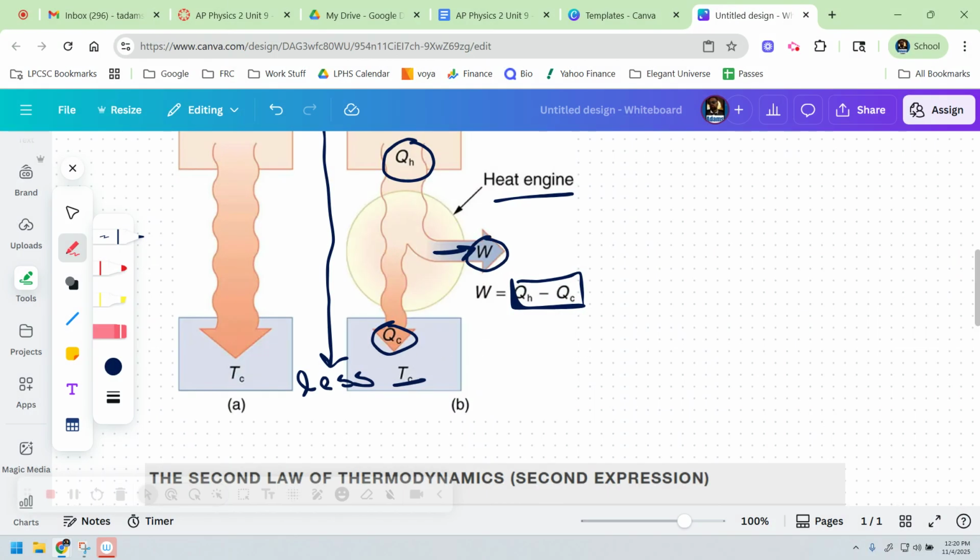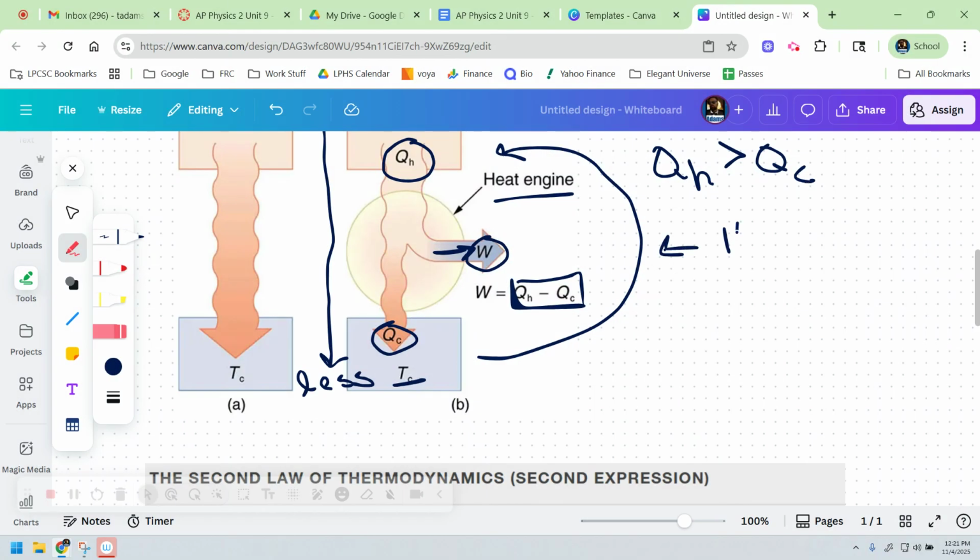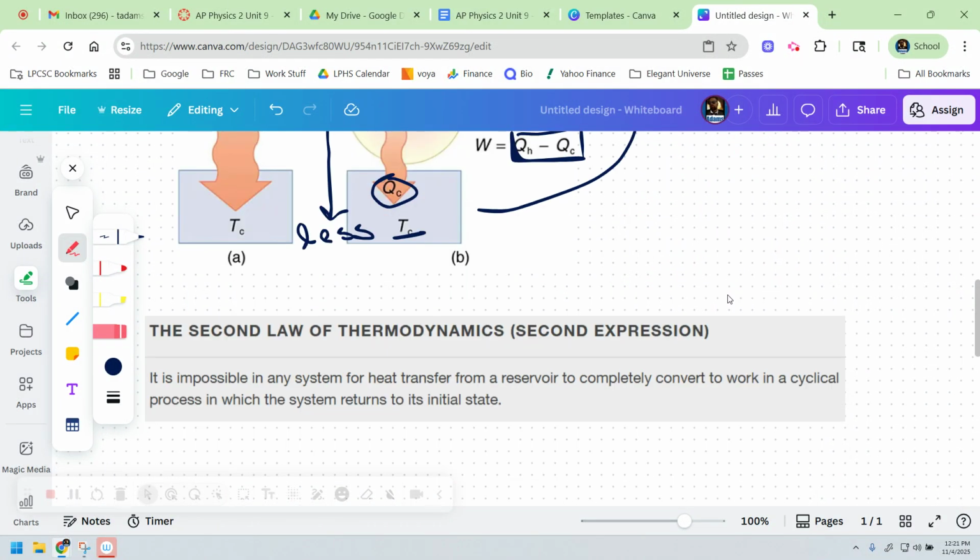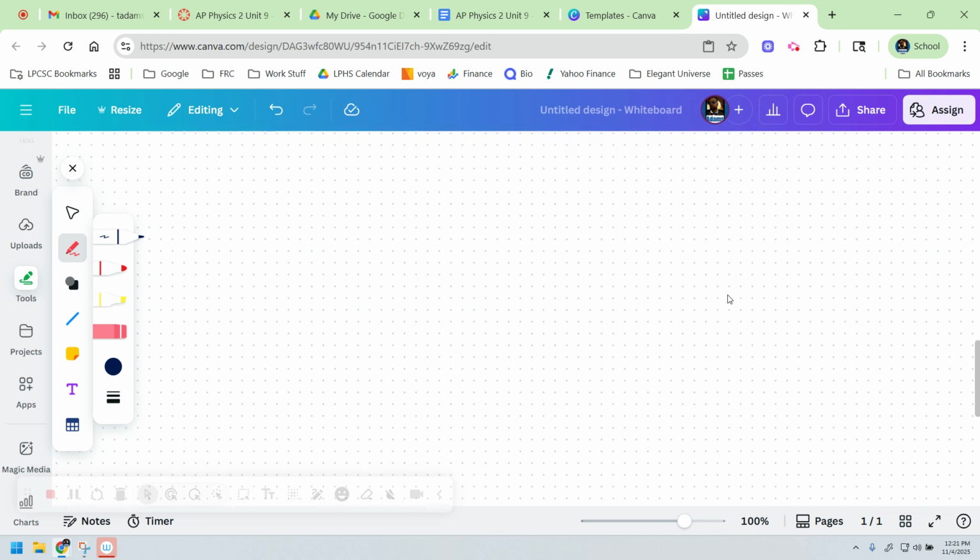There's no way that I can have it completely come back, because now I'm at a lower heat. Usually the heat from the higher temperature is going to be greater than the heat from the lower temperature. So I would have to add heat or do something that causes heat to keep this as a cyclical process. I would have to add some sort of heat to the system, is basically what the second law is saying.